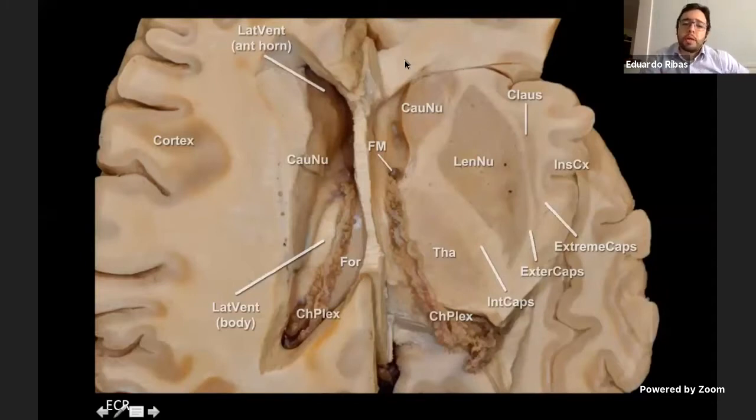So the central core will be all these structures put together. This is a morphological concept because we are putting together a lot of different structures that have a lot of different origins. Some people will not see it embryologically as an accepted term, but morphologically and architecturally, it seems to be a well-defined region. We are putting together neocortex, white matter, basal ganglia, diencephalon, the thalamus inside the diencephalon.